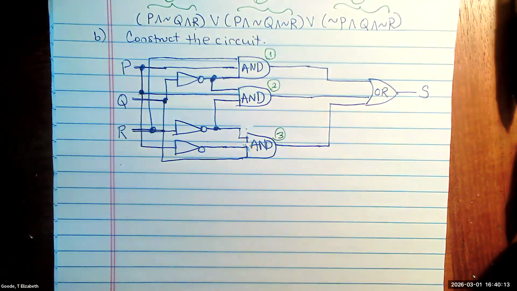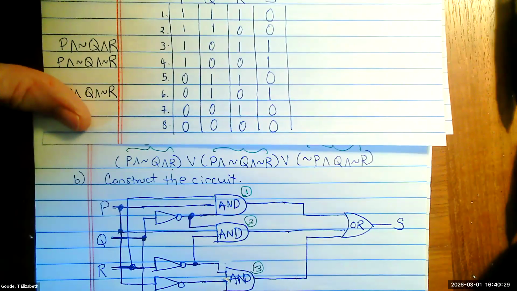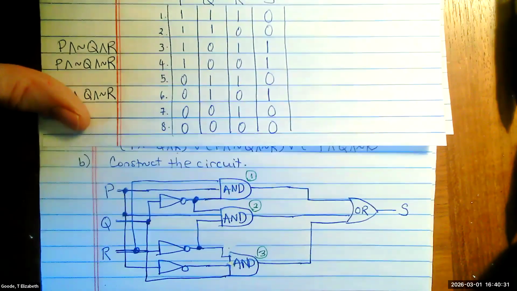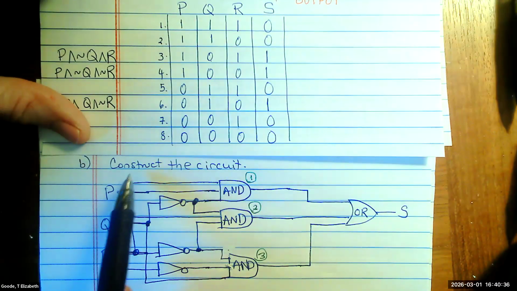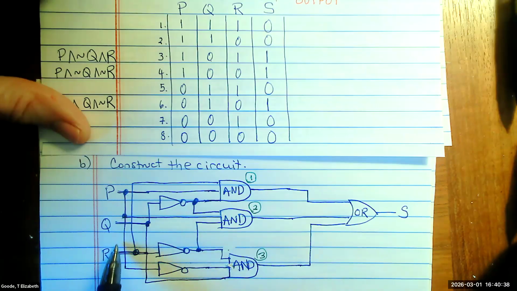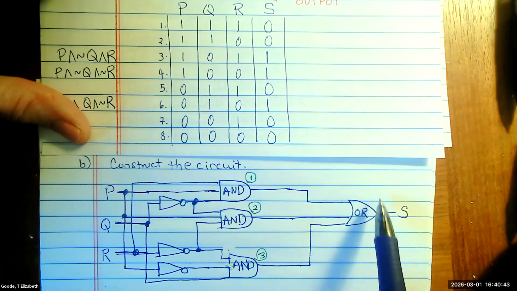So if you ran the values from the input states through this circuit, if we actually took the time to run those 8 sets of values, 1, 1, 1. So if we put a 1 here and a 1 here and a 1 here, and we ran them through all of this, we should get a 0 out here.